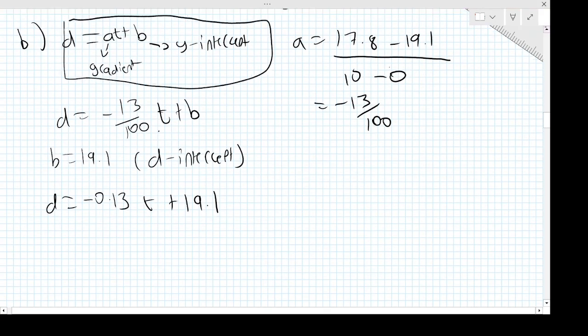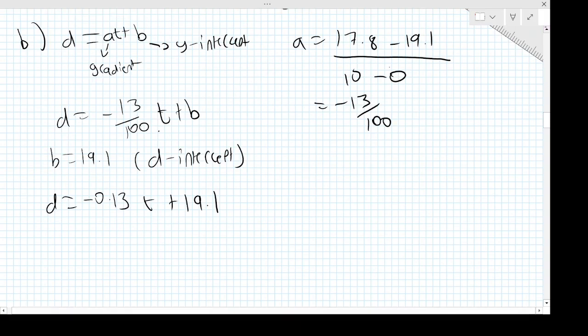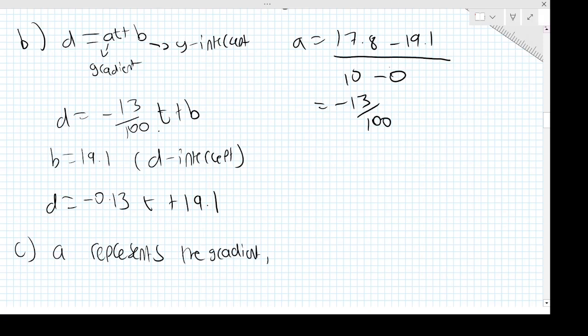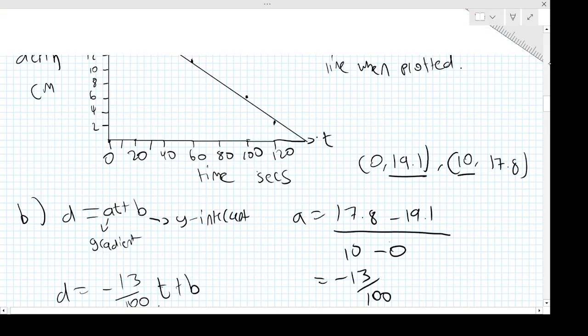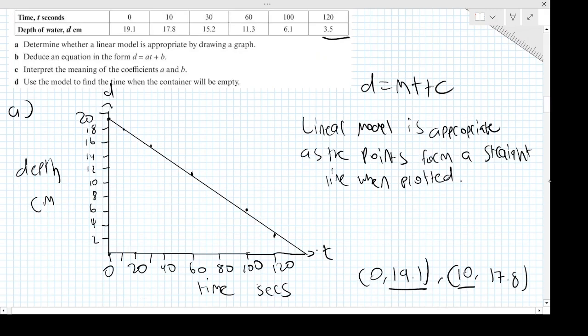A is the gradient and B is the y-intercept. So that's going to help us here. So C. A represents the gradient, meaning that as t, which is x, increases by 1, but t is time in seconds.